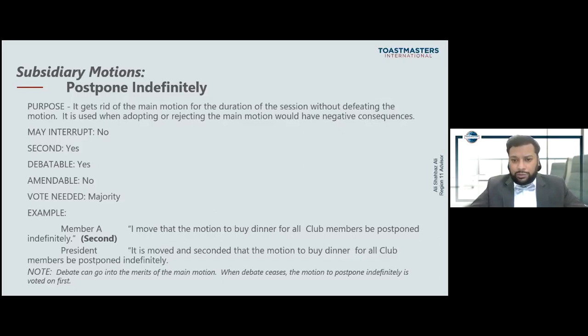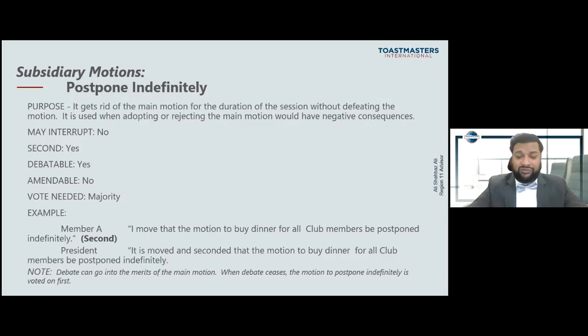When the discussion is going on, that's the time to introduce the subsidiary motion, you mean? Exactly. So once the subsidiary motion is introduced, there is a debate on that first, then we go back to the main motion, because if that is adopted, then the main motion itself is defeated. By default it's defeated.